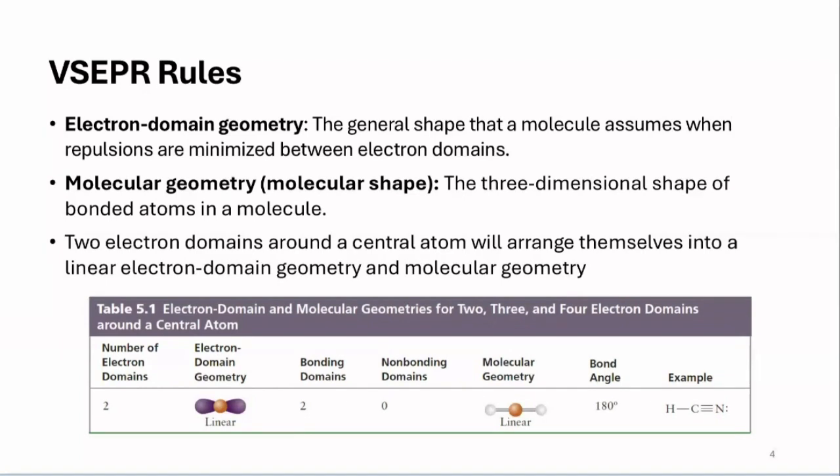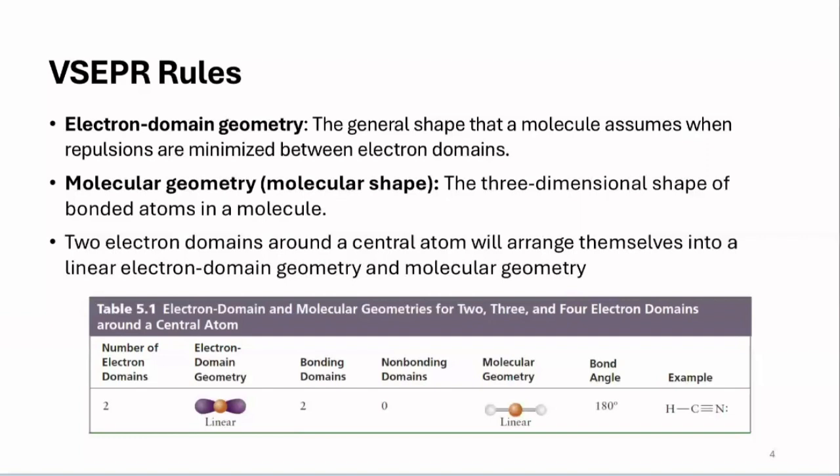The electron domain geometry is the general shape that a molecule assumes when repulsions are minimized between electron domains. Molecular geometry, which is also known as molecular shape, is the three-dimensional shape of bonded atoms in a molecule.